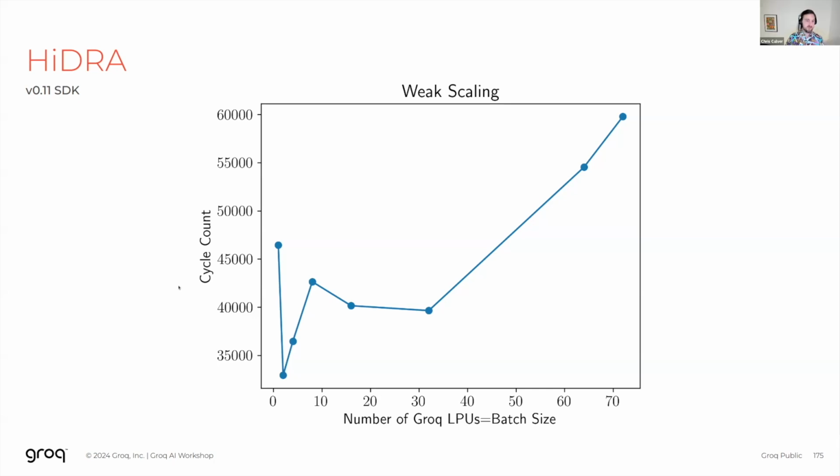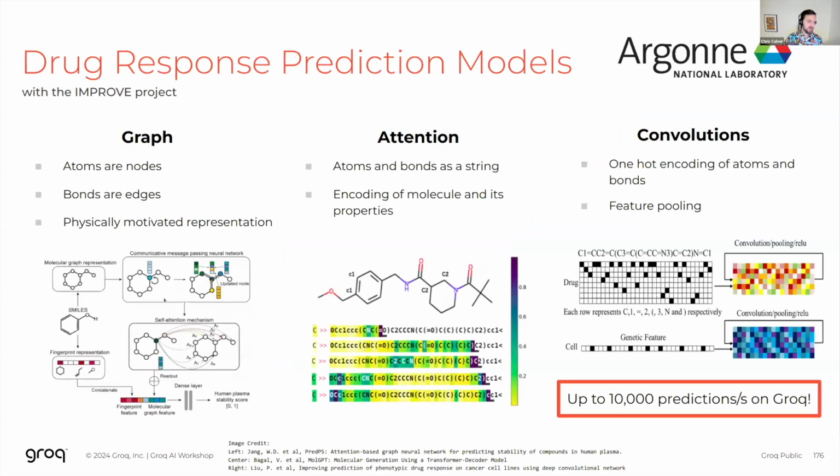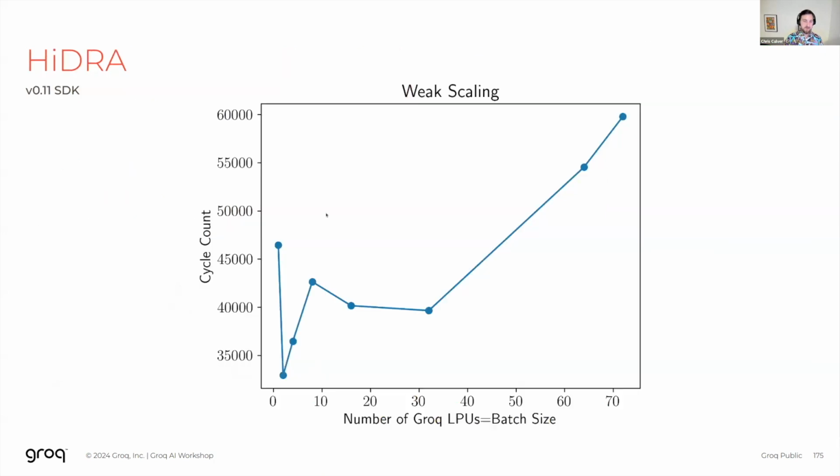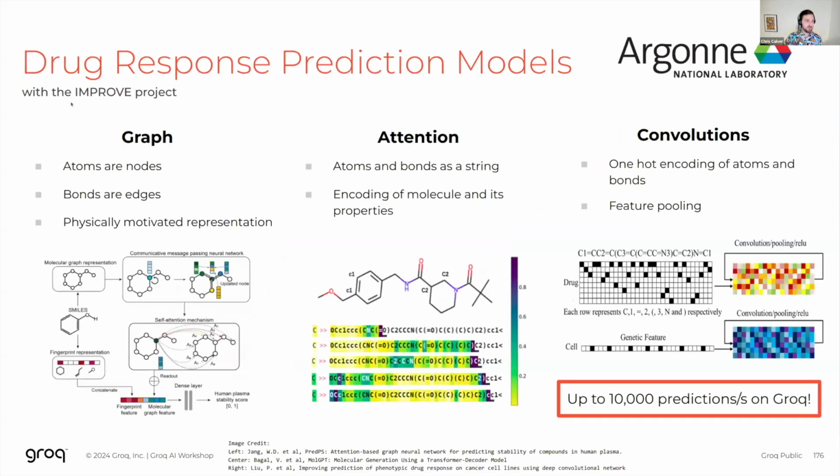Cool. So these are, of course, just some transformer models. They're not the only type of architecture that the compiler or the hardware supports. This high DRA model I showed you is actually part of a bigger project called the Improve project. This is an attempt to look at the drug response prediction of cancer cells.